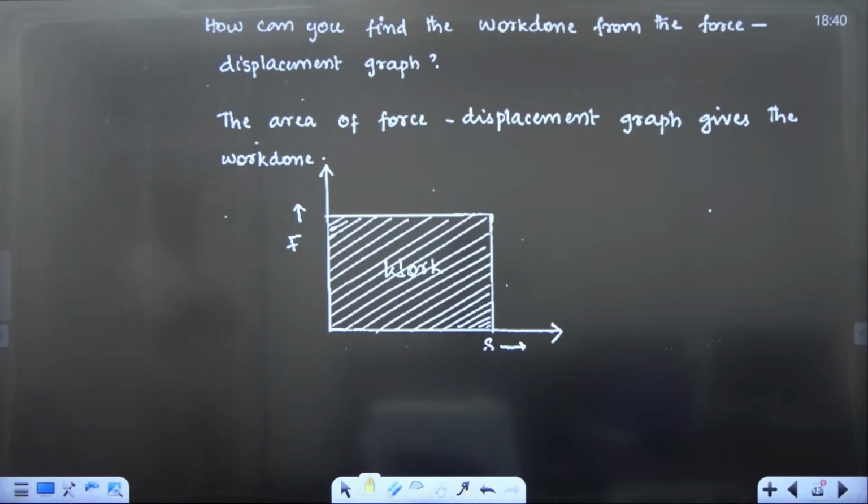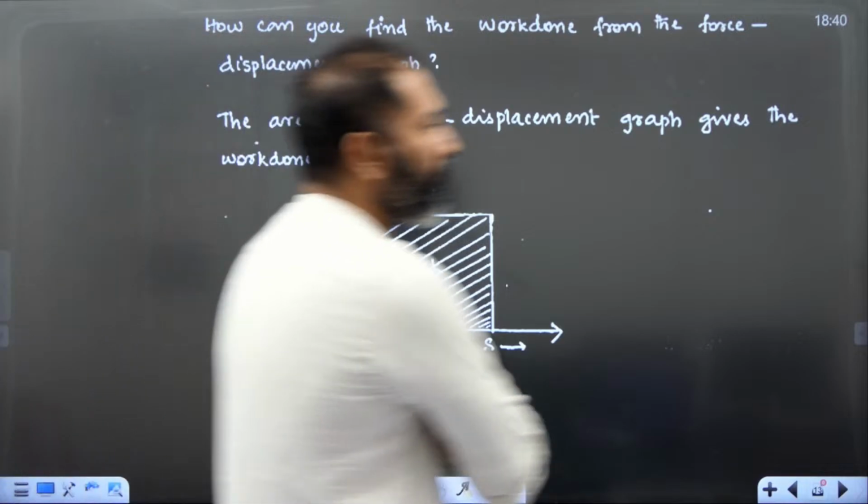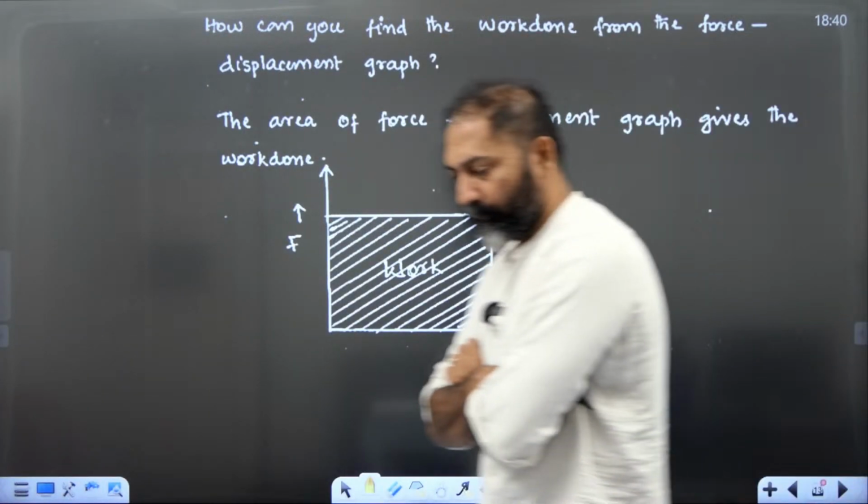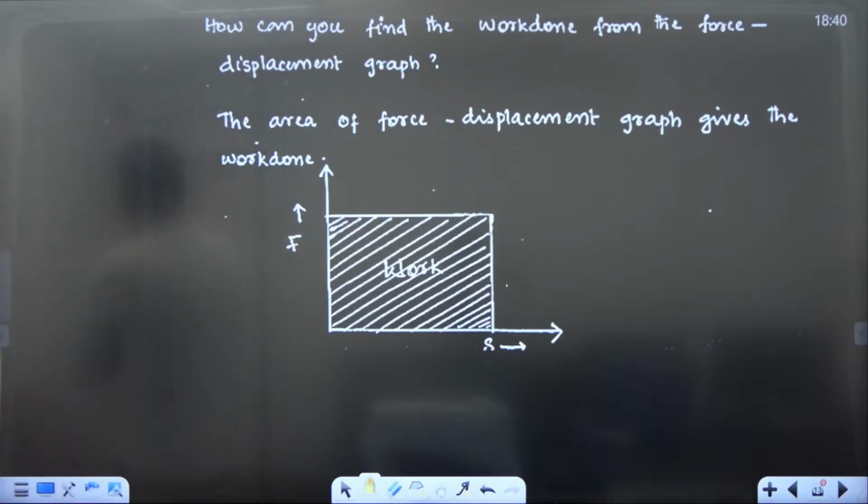Note down, area under force displacement graph gives work done.